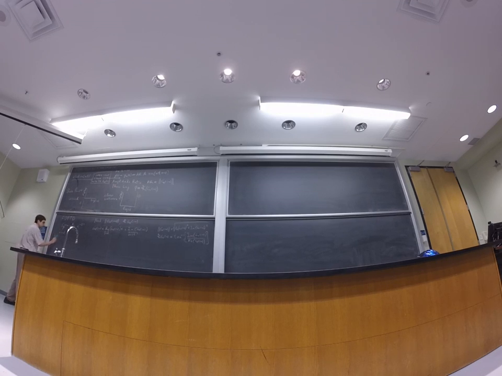Let's rewrite GZ of S as GZ1 of S times GZ2 of S, where GZ1 of S is the part without delay, and GZ2 of S is the e to the minus theta S. With me?